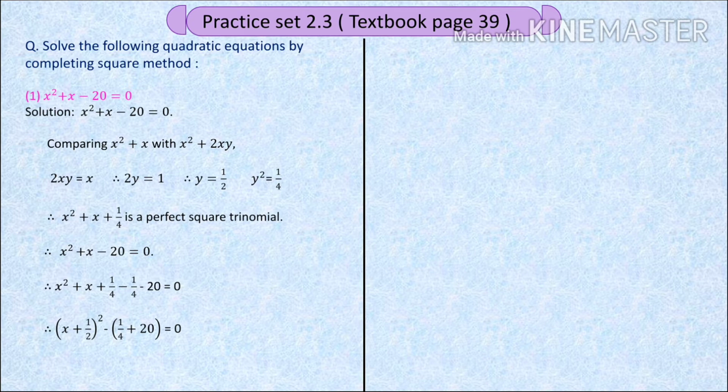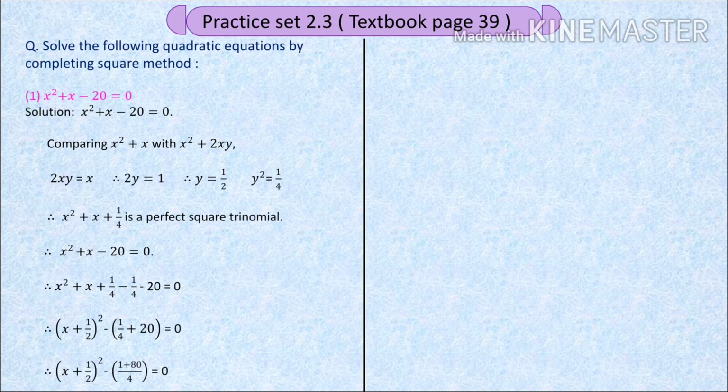In another bracket, minus 1 by 4 plus 20. The sign of minus 20 changes to plus 20 because outside the bracket a minus sign is there. And whole is equal to 0.